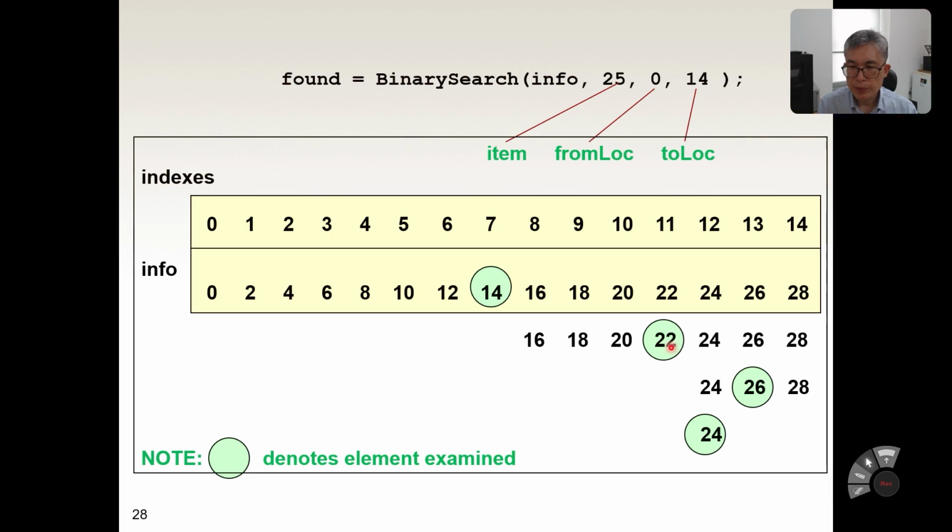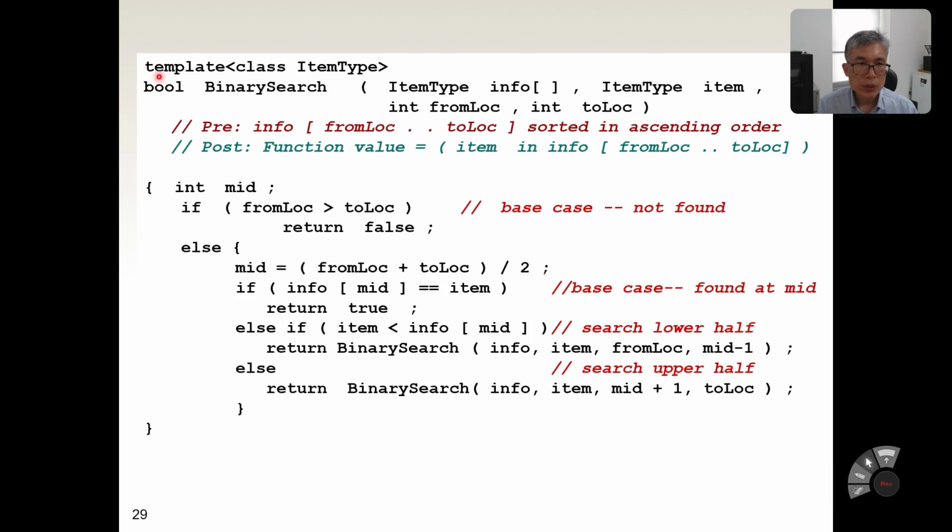And the middle point value is 22, still 25 is larger, right? So we can check the second half. And also the middle value is 25, now the first half. And then in the first half, the value is 24 only, right? So there is no 25. So we return false.